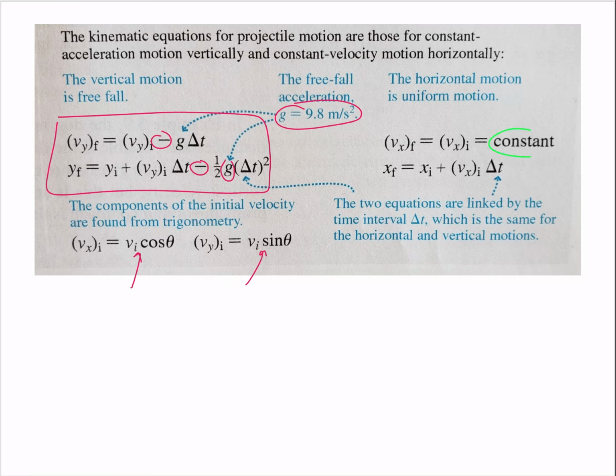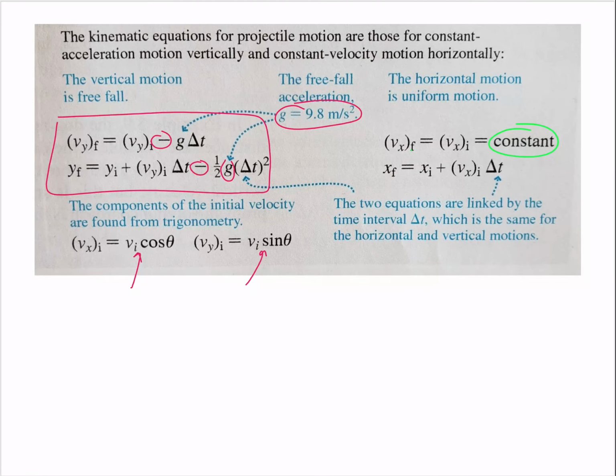In other words, it's a constant velocity. You do not change your velocity in the x direction. We also have x final, your position equation, equals x initial, where you started from, plus v sub x I, your initial velocity, which is the same as your final velocity, right? So we don't even need the initial letter there, but also delta t.